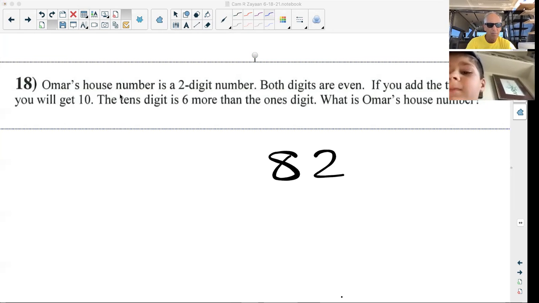Is this better? Oh, it's much better. You like it when it's more quiet so you can concentrate, right?